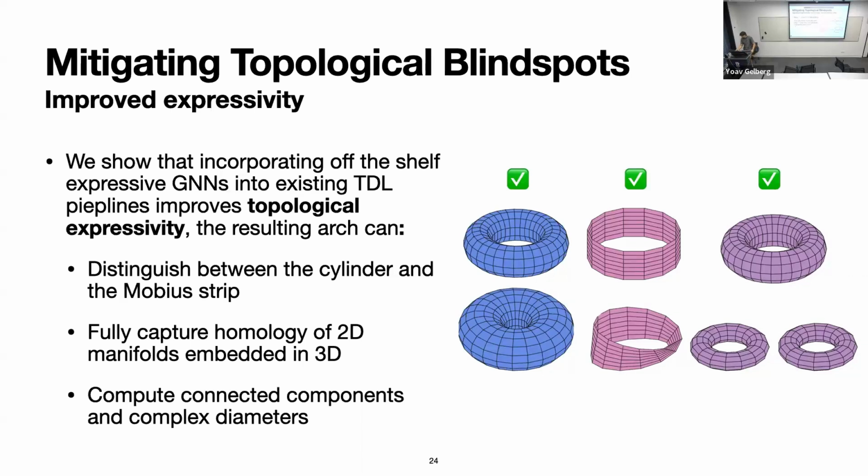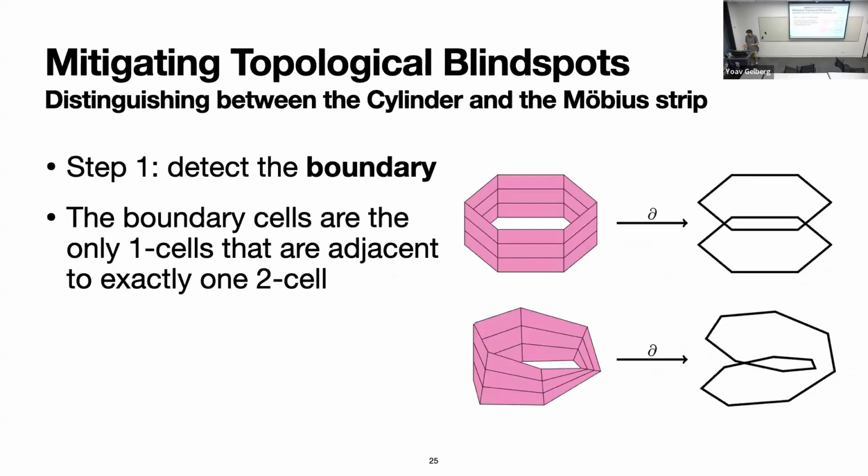To give a flavor of how this translation actually happens, we're going to present an implementation of our model that can distinguish between the Mobius strip and the cylinder. Here we have miniature versions of these objects from before. Let's do a quick proof sketch. First, we observe that through message passing, we can detect the boundary edges of the complex. What are the boundary edges?